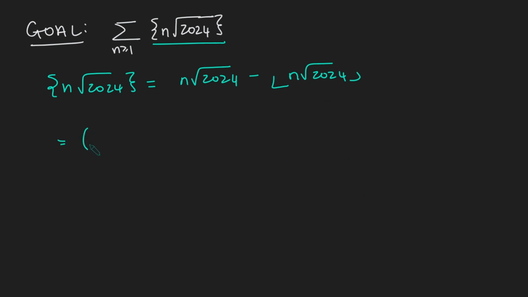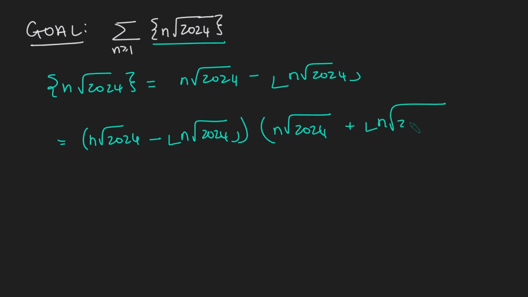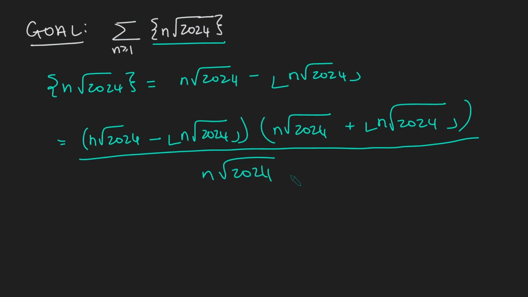And so this is going to be n root 2024 minus the floor of n root 2024, times n root 2024 plus the floor of n root 2024, and then all divided by this fraction here: n root 2024 plus the floor of n root 2024.